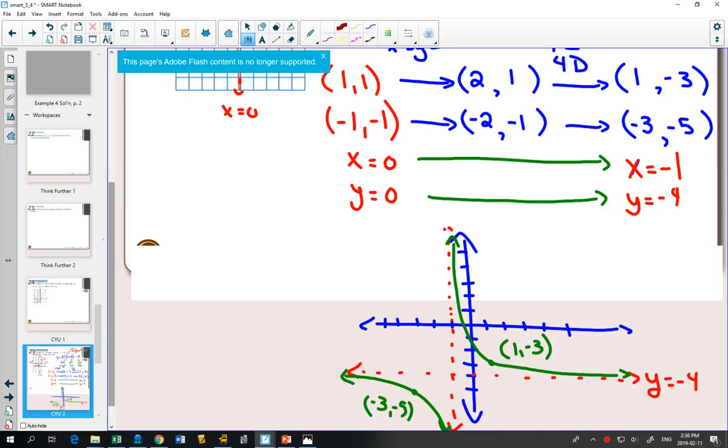Important points to always label on your graph, if you can, are your x-intercepts and y-intercepts. So we were able to draw the graph with just those 2 key points.